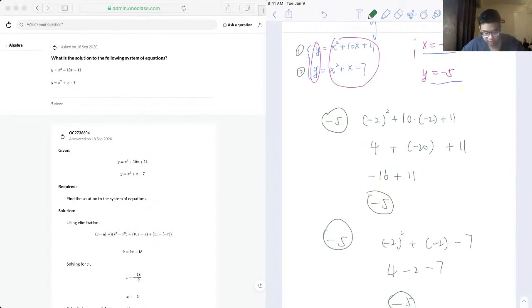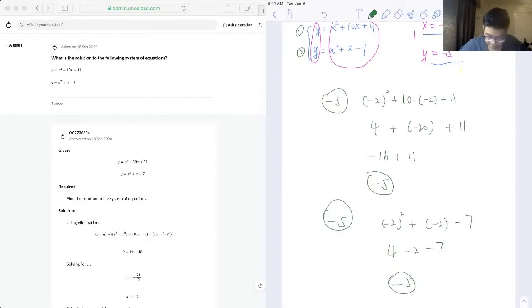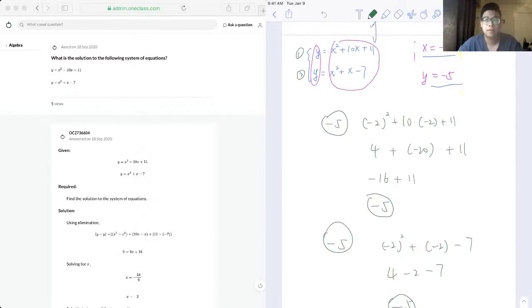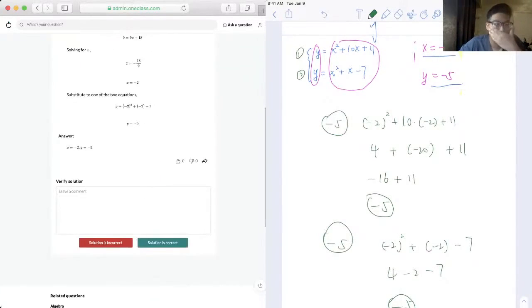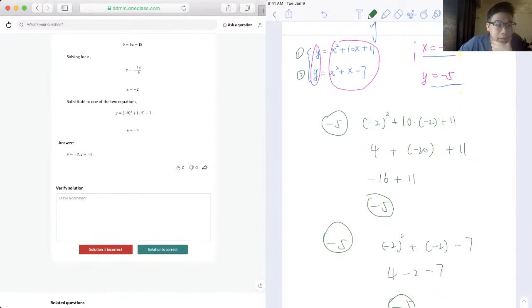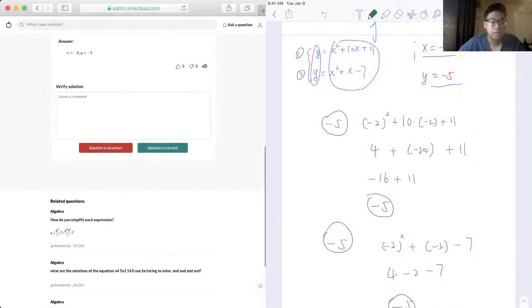So in this case, that means our answer is valid, and you can always use this way to check your answer. So x is equal to -2, y is equal to -5. Correct. Good job.